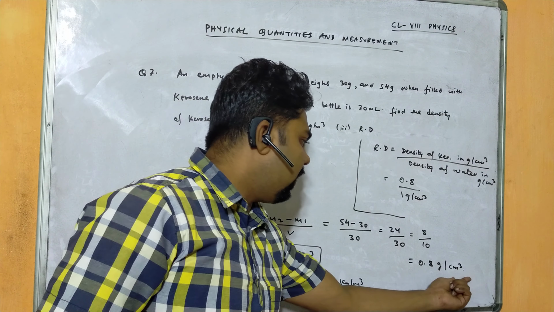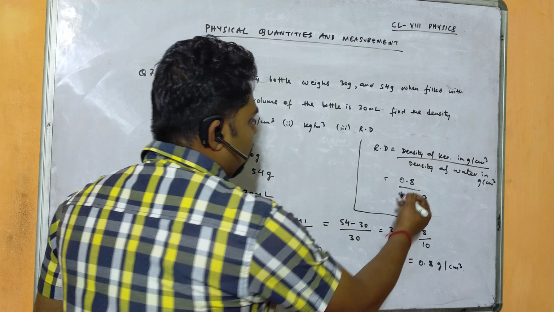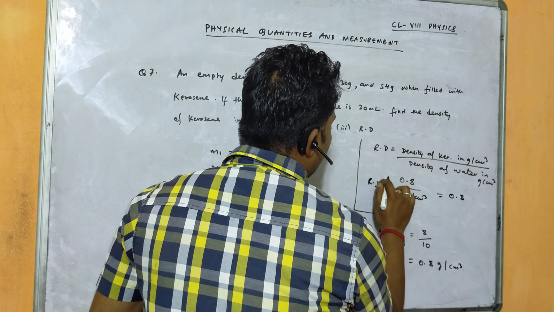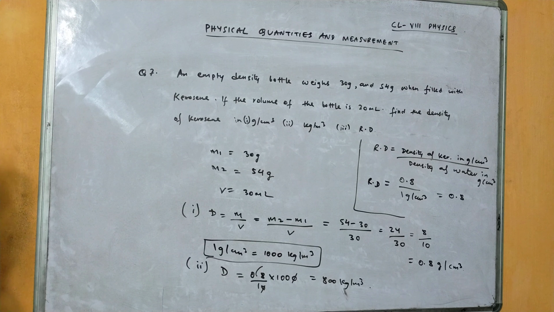Here we got the answer in gram per centimeter cube, that is 0.8. So 0.8 by 1, that is 0.8, is the relative density. In short form we write R.D. So the relative density is 0.8, the density is 0.8 gram per centimeter cube, and in kg per meter cube we have 800 kg per meter cube. This is the answer.